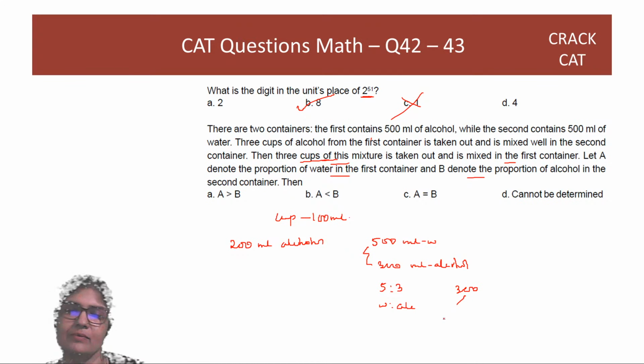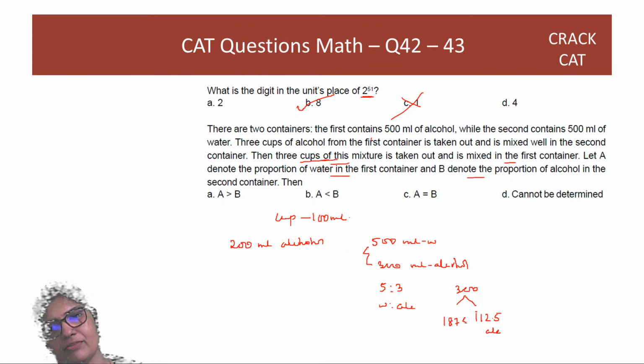तो इसमें 37.5, is that fine? 37.5 into 3. So that is 112.5 will be alcohol and 187.5 will be water.